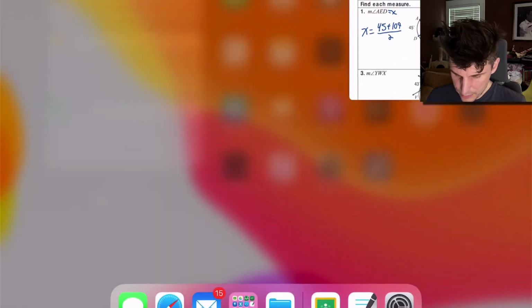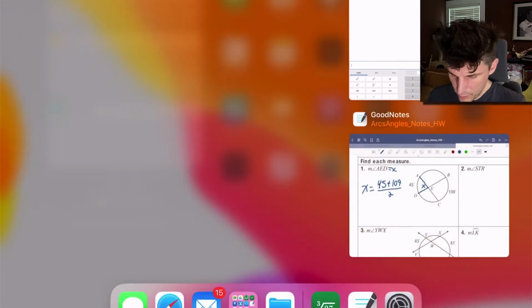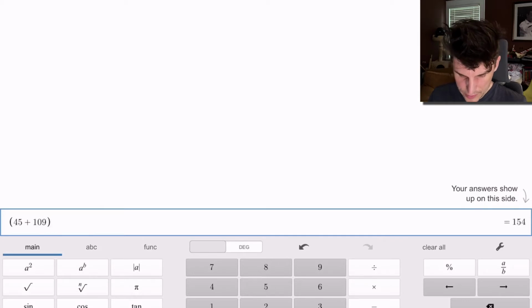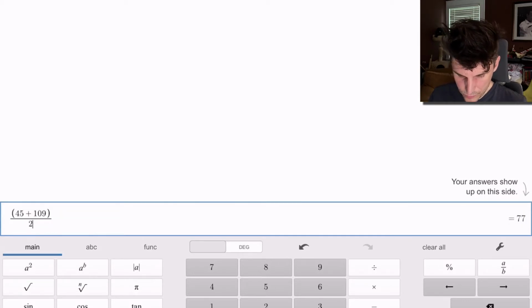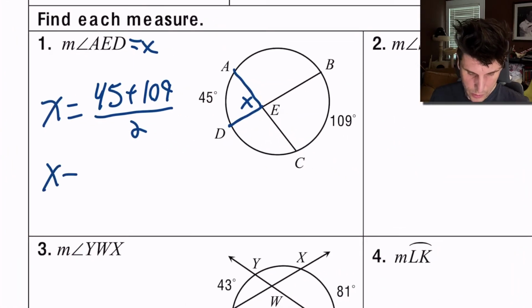Let's bust out a calculator. 45 plus 109, and then divide that by 2, and we get 77. So X equals 77. Therefore, the measure of AED is equal to 77.